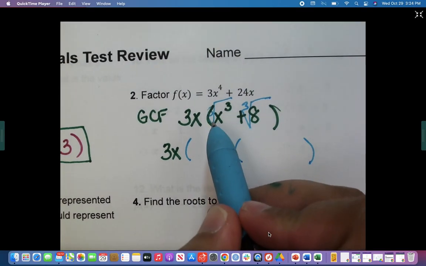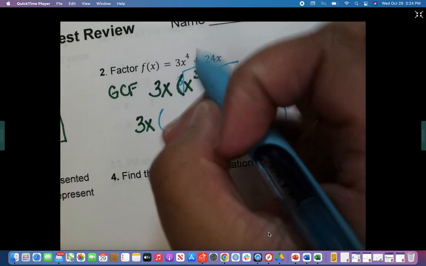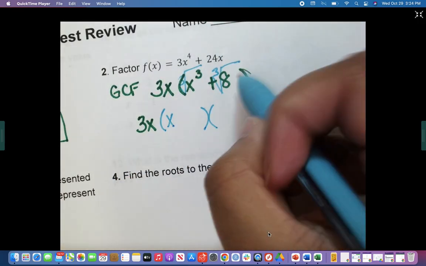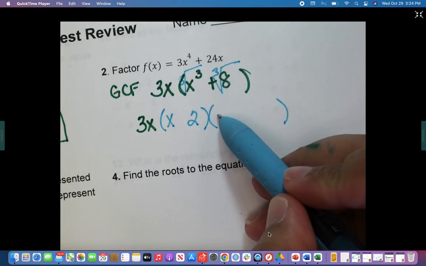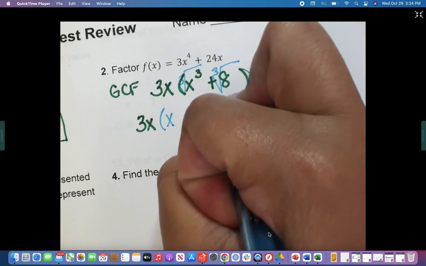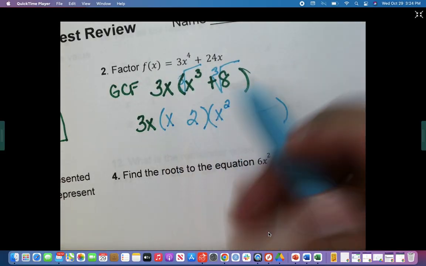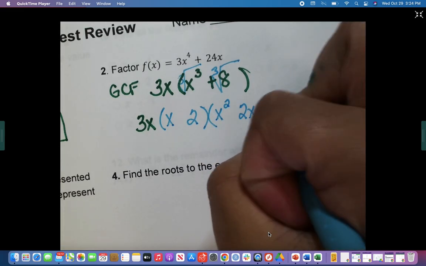Cube root, so that's the first part. The cube root of x to the 3rd is x. The cube root of 8 is 2. And then we square, so x squared. Multiply, so 2x. And then square, so 2 squared is 4.